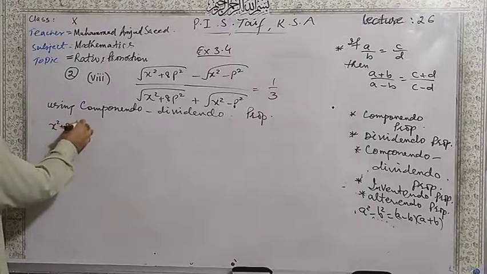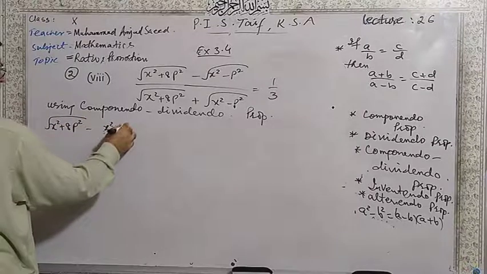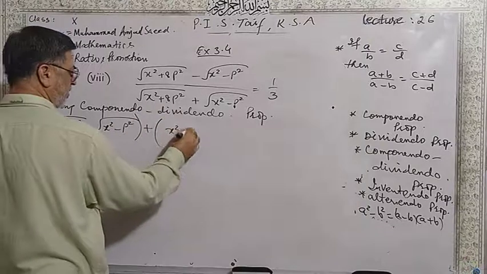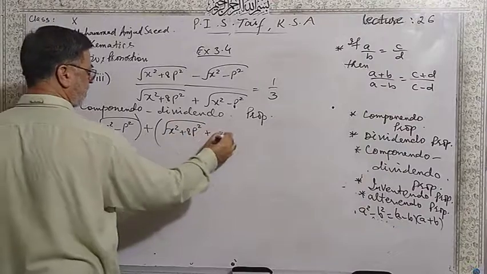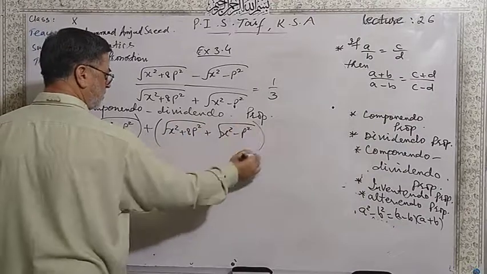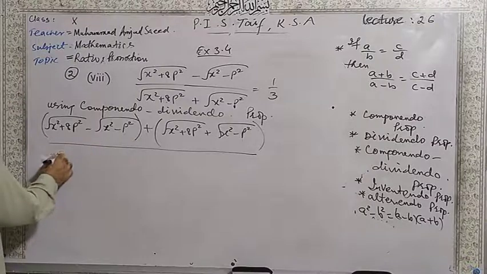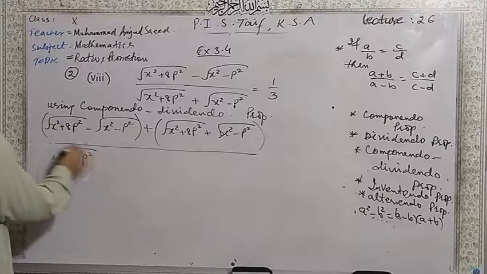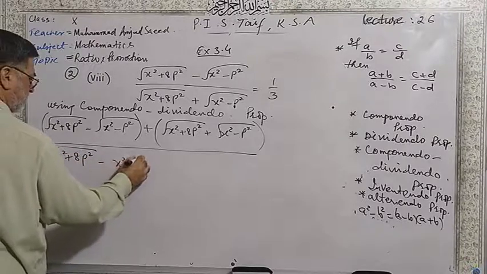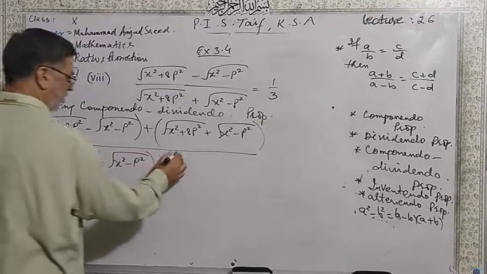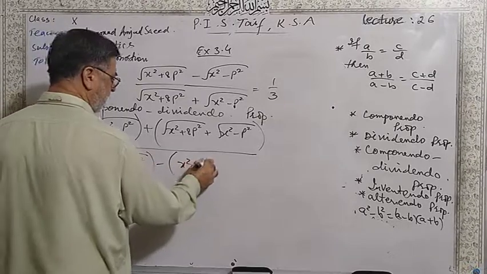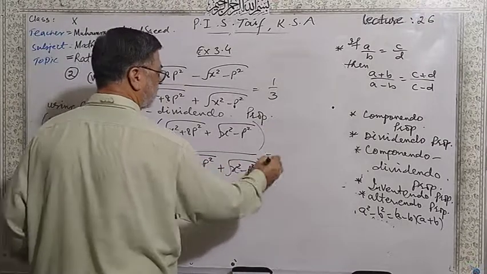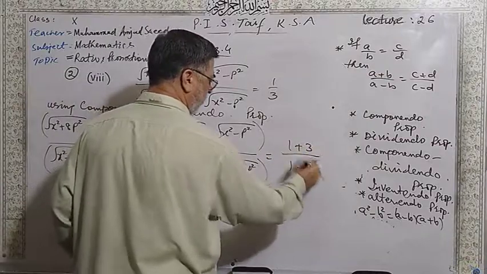Square root of x square plus 8p square minus square root of x square minus p square, add the denominator, square root of x square plus 8p square plus square root of x square minus p square, divided by, from the numerator you subtract this one, square root of x square plus 8p square minus square root of x square minus p square minus square root of x square plus 8p square plus square root of x square minus p square. That is 1 plus 3 over 1 minus 3.